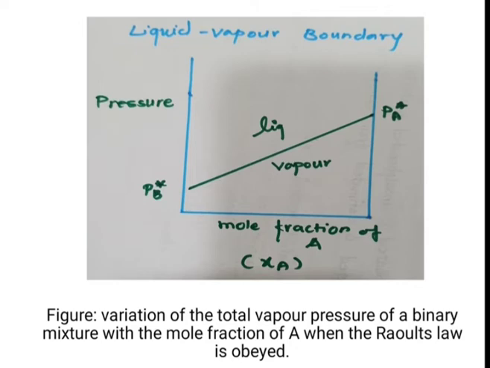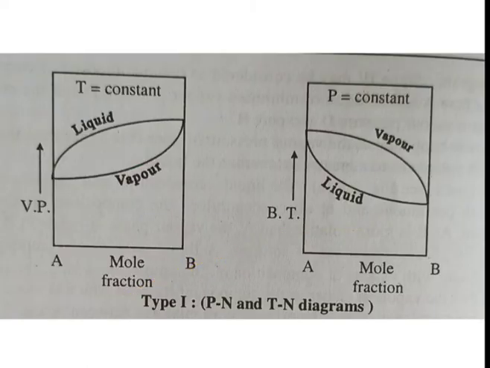So, when there is a binary mixture and the substance A is obeying Raoult's law, the plot is like this: liquid and vapor, these two phases are separable. We will see this diagram in a new way. Here is the vapor pressure and here is the mole fraction.